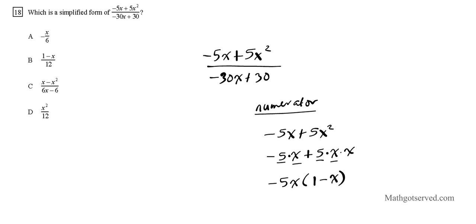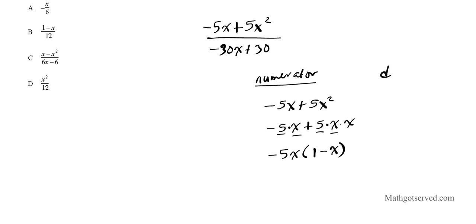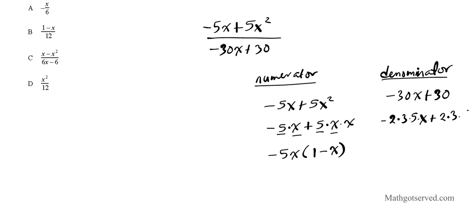Alright, let's do the denominator. For the denominator, we have negative 30x plus 30. So I can break this down to negative 2 times 3 times 5 times x plus 2 times 3 times 5. So we take out a 2, 3, 5, and then a negative. That's negative 30 times x minus 1.